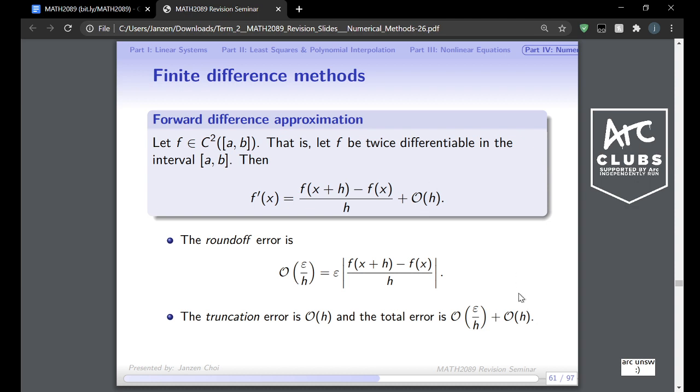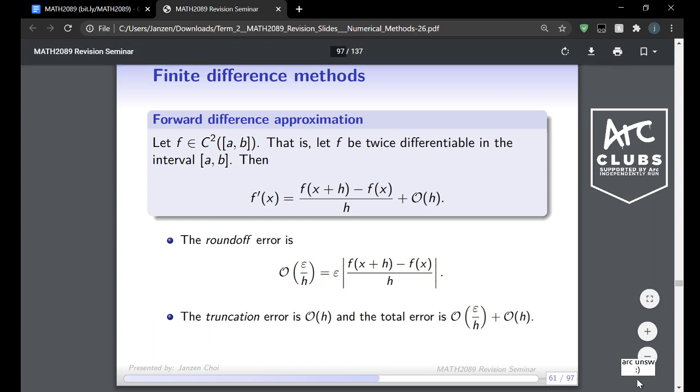Basically, if h approaches infinity, the round-off error approaches 0, but the truncation error approaches infinity, which is bad.